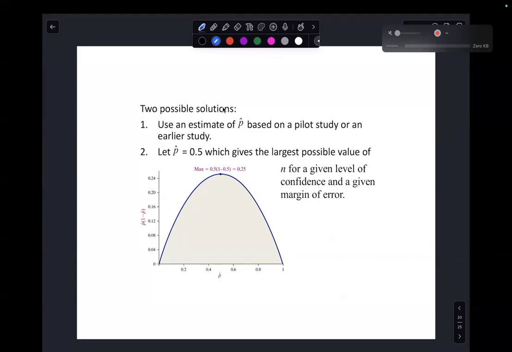If there was no previous study, we are going to use 0.5 for p hat. Using 0.5 gives us the largest possible value for our sample size. So you either use a previous study, which is what we prefer, or you can use 0.5. Either one of those is fine, and that's going to get us there with our formula.